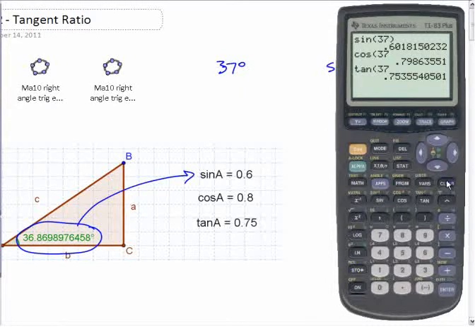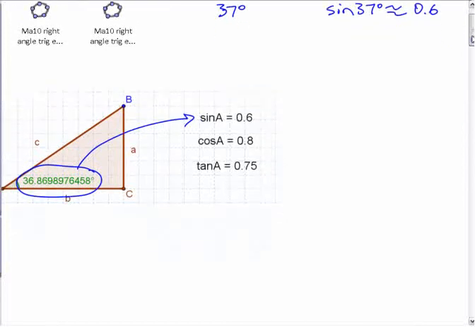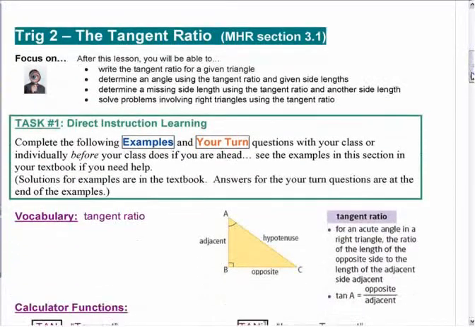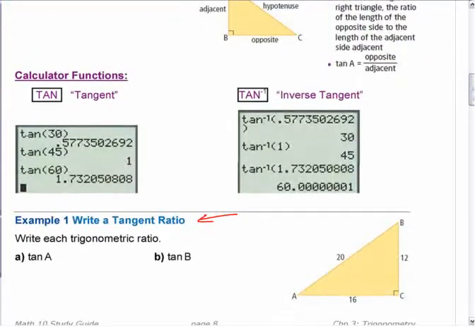Okay, so we're going to stick with tangent here. If I put tangent and then I put an angle, it gives me the ratio. You should write down somewhere, if you have some space here, that this function takes the angle and it gives you the ratio. Does that make sense?